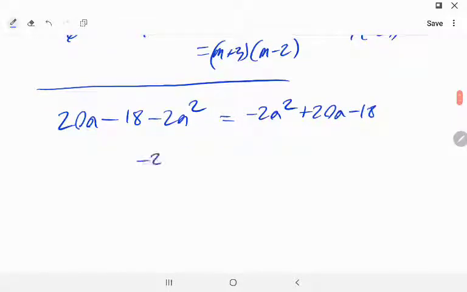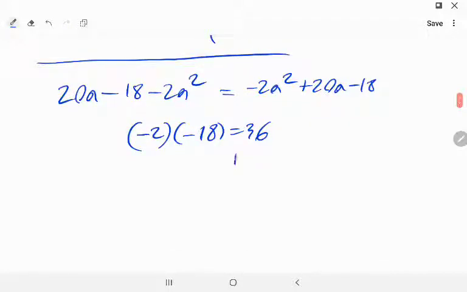We know negative 2 times negative 18 is 36, and we want factors of 36 that add up to 20, so we go down the list, 1 times 36, 2 times 18, and we've got it. 2 plus 18 is 20.